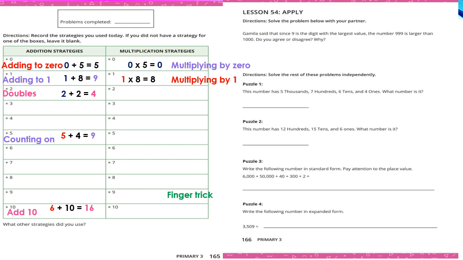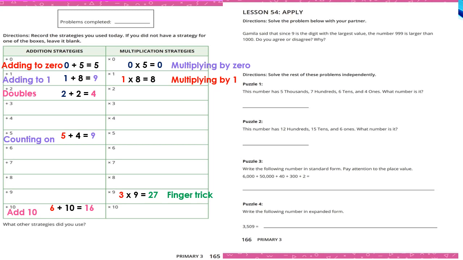Finger trick. We take it in table 9. 3 times 9 equals 27. Remember together, bend down finger number 3. So you will get 2 fingers on the left side.